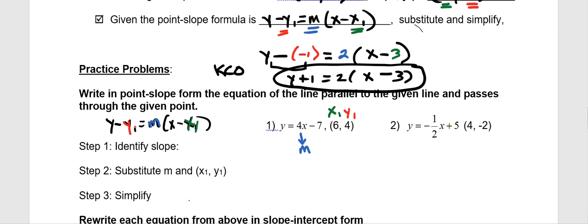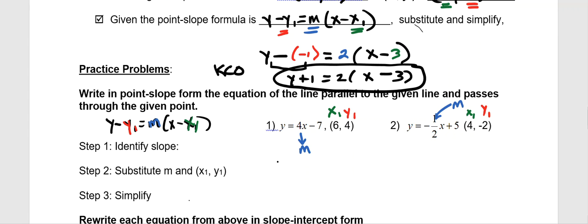I'm just doing a quick color coding of everything. So let's quickly do that for both of these equations, because I know that this is my m in my other equation. This is my x1 for the point that we'll be substituting in. This is my y1 for the point that we'll be substituting in. So let's get those equations written.